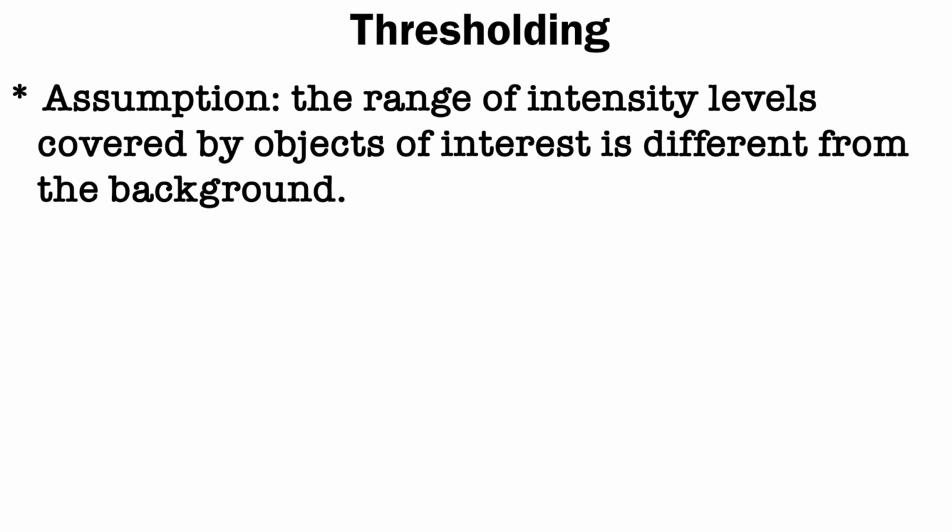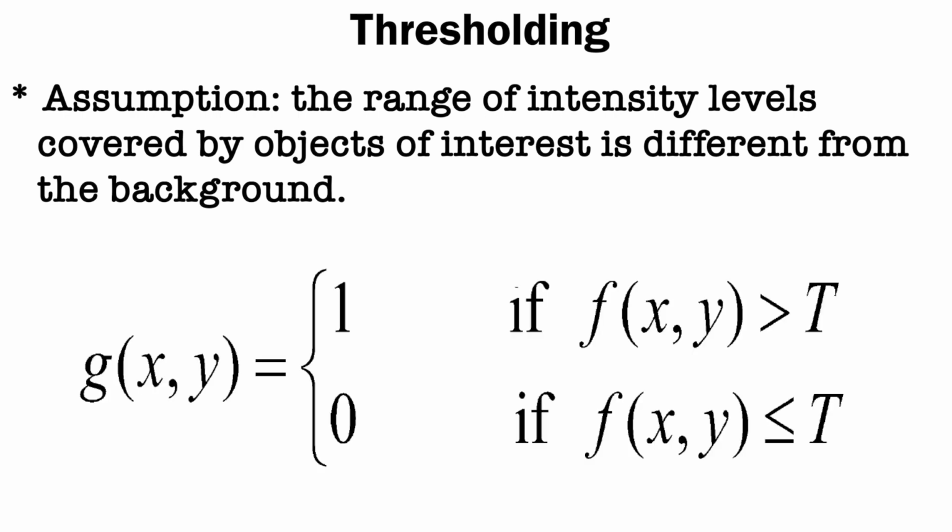Here is the formula: g(x,y) equals 1 if f(x,y) is greater than T, where T is the threshold value. Otherwise, it is 0 if f(x,y) is less than or equal to T, again the threshold value.